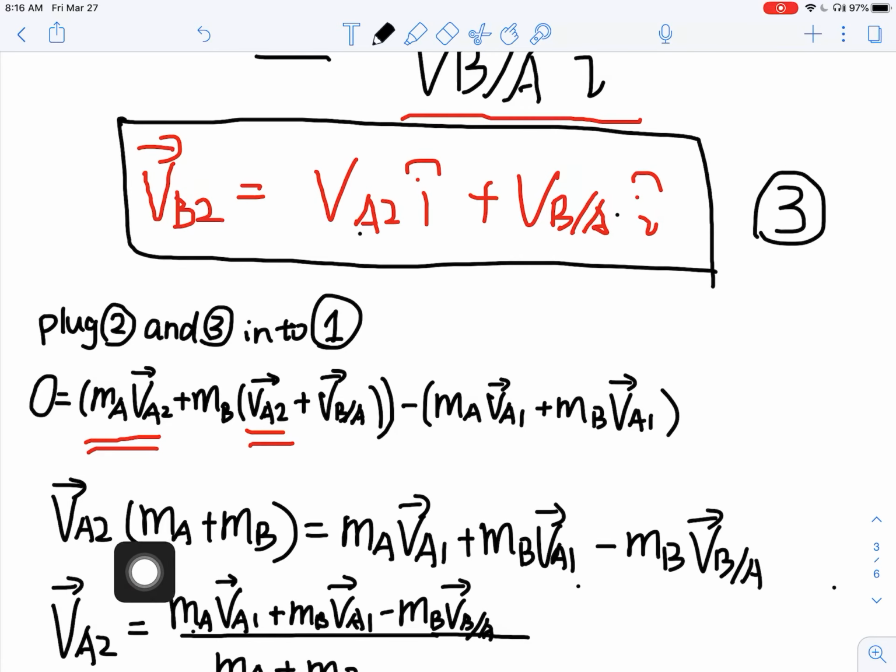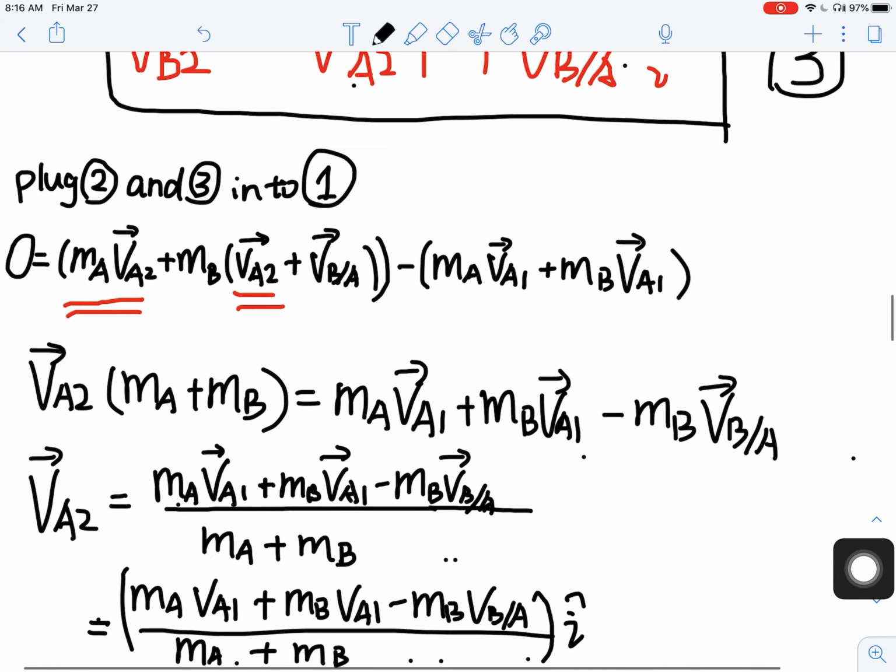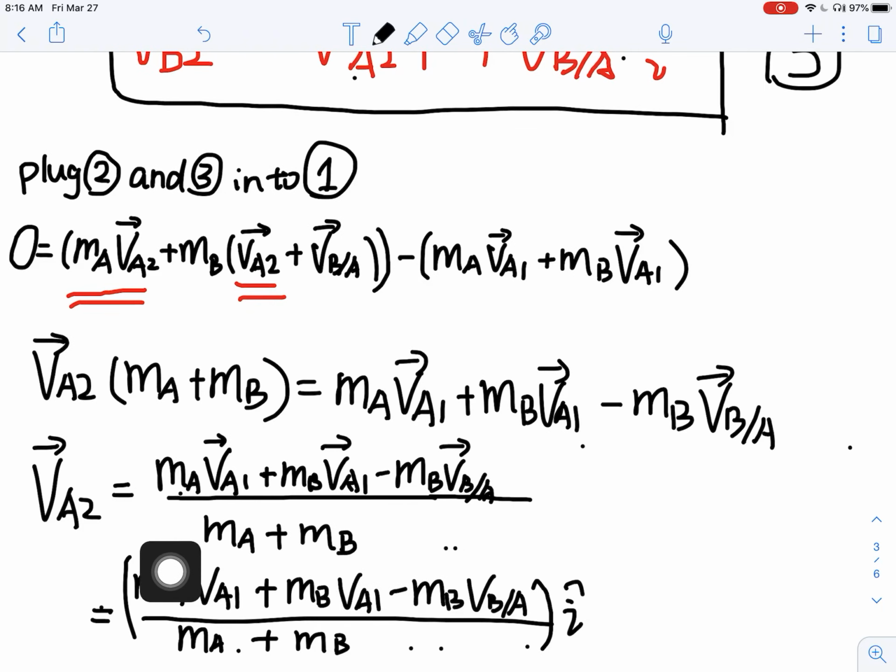After rearrangement, we get VA2 times (MA plus MB) equals MA VA1 plus MB VA1 minus MB VB/A. VA2 is what we try to solve, and on the other side of the equation, VA1 and VB/A are the givens, and we know the masses of both boats. So we can move MA plus MB to the other side, and you should end up with the expression for VA2.